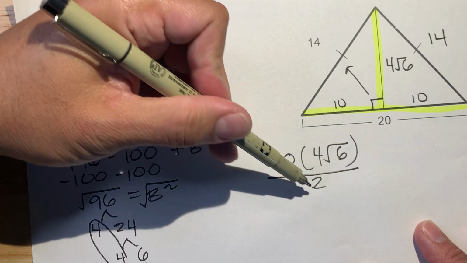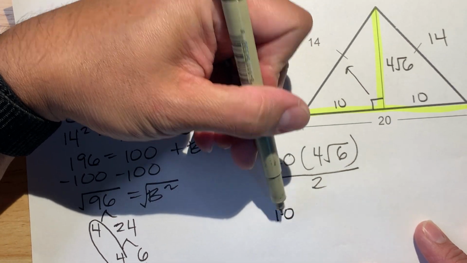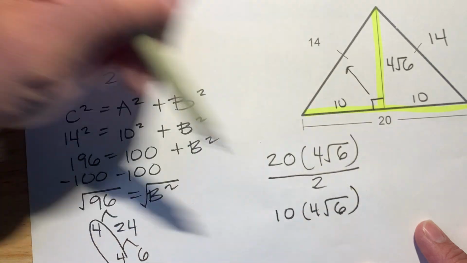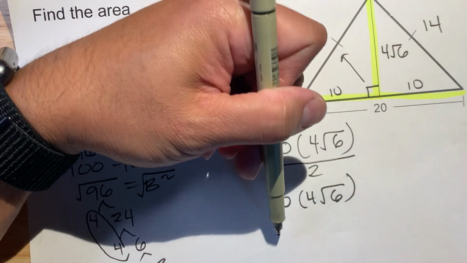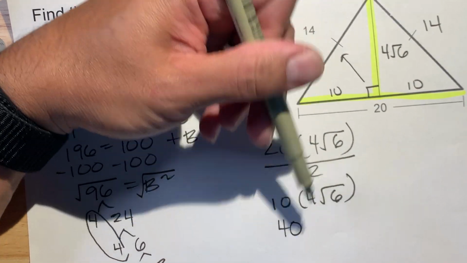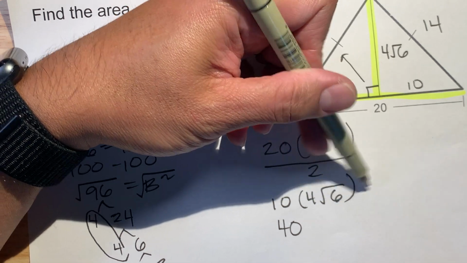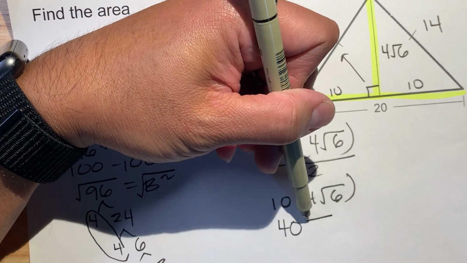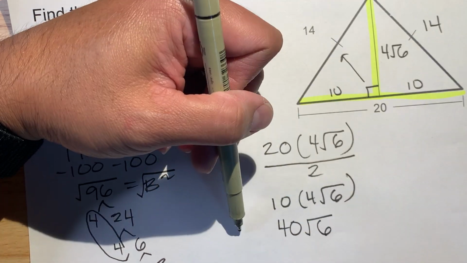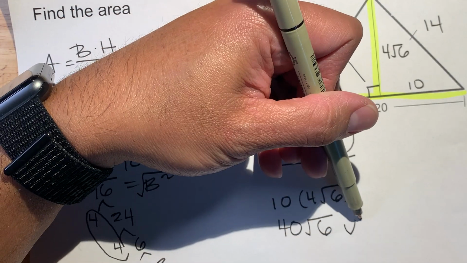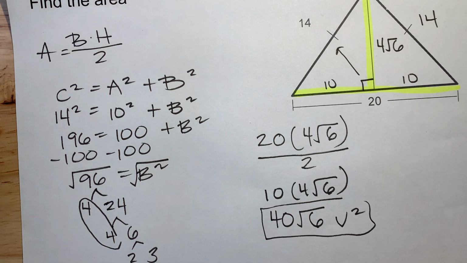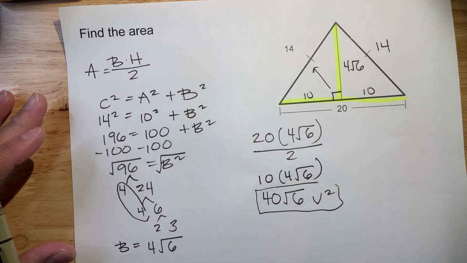And so 20 divided by 2 is 10 times 4 radical 6. 10 times 4 is 40. And there isn't a radical to multiply this radical 6 with, so it just stays the same. So 40 radical 6 units squared. Woohoo! That's it.